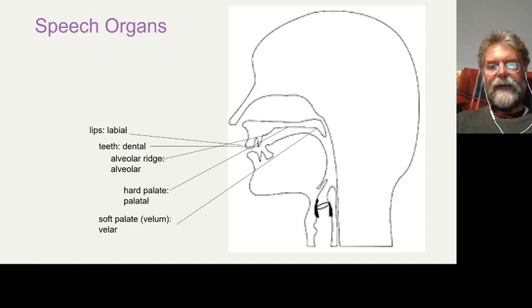And that is again used quite a lot for making different types of language sounds. Its technical name is the velum, and therefore sounds which make use of the velum are often referred to as velar sounds.